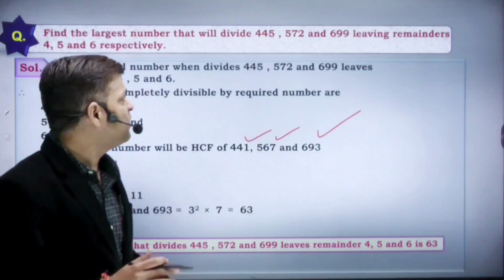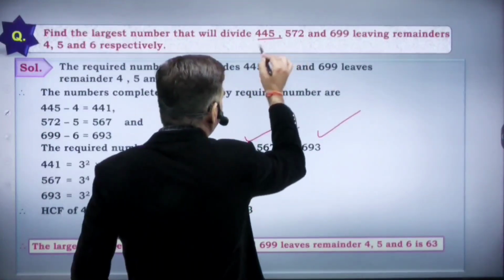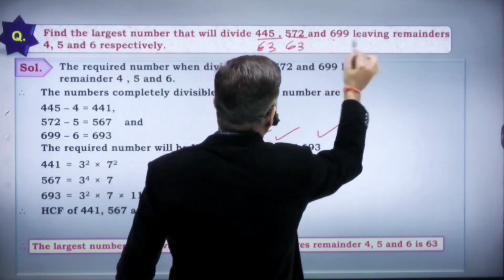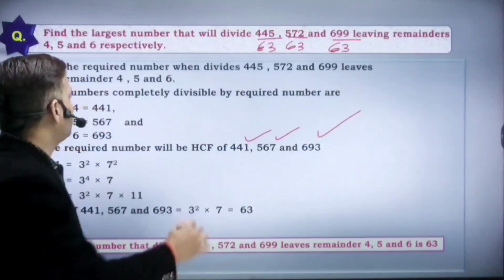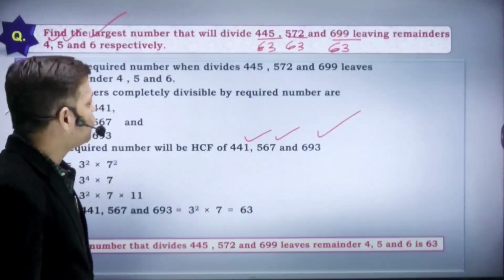So when we divide 445, 572 and 699 by 63, the remainders will be 4, 5 and 6. This is what we find out in this question.